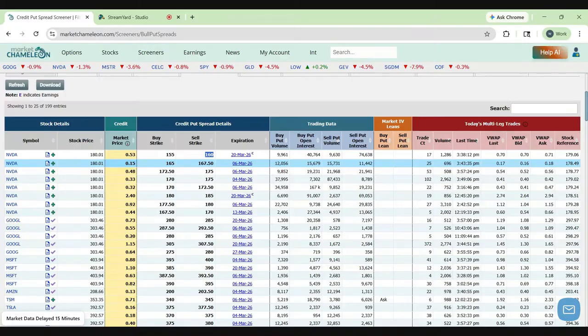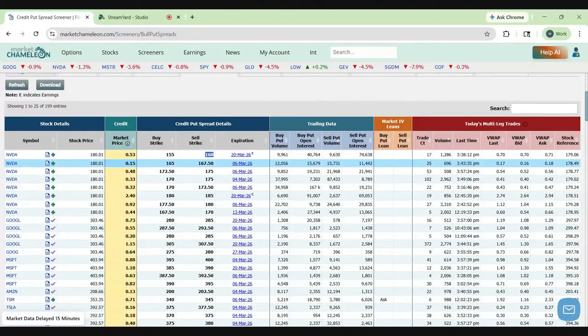So now we have these combinations of spreads. The strikes are a different distance away. The prices are different. So how do we narrow this down more?